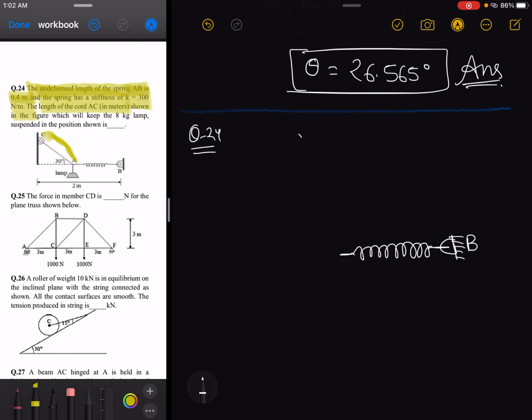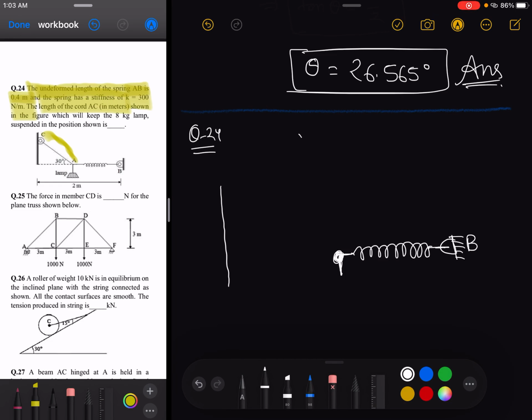Okay, so if you are going to attach a lamp with this spring, so let us say this is the lamp. I have represented the lamp with a point. Okay, so I am going to erase it here.